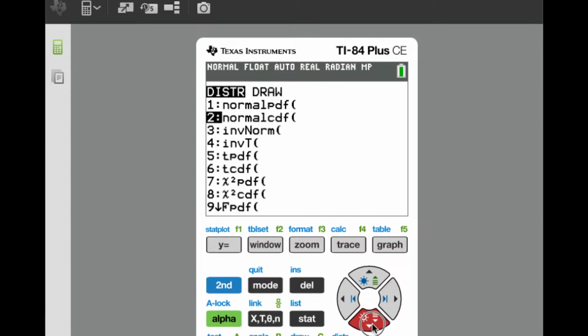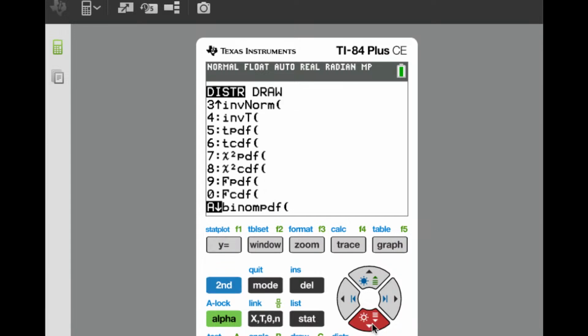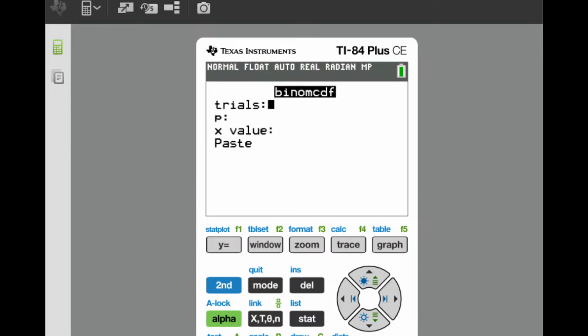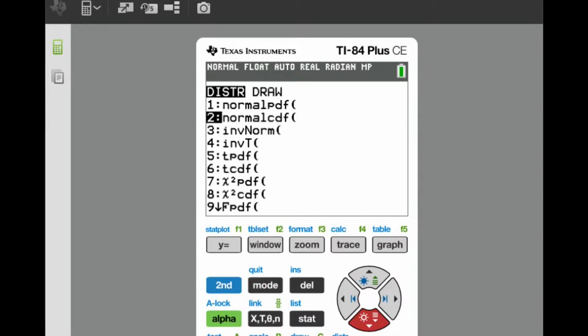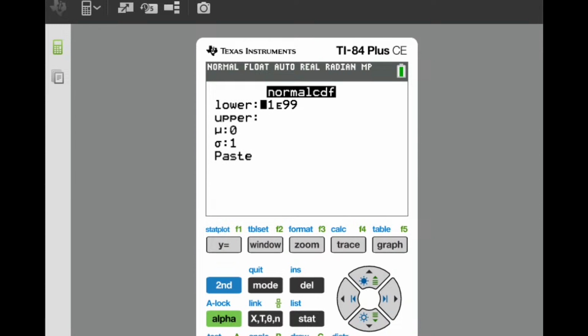Second distribution. Binomial CDF. Oops, what did I do? I think I hit the wrong one. Sorry. So second distribution, it's number 2, normal. What's the lower value? 80. What's the upper? 9,999.